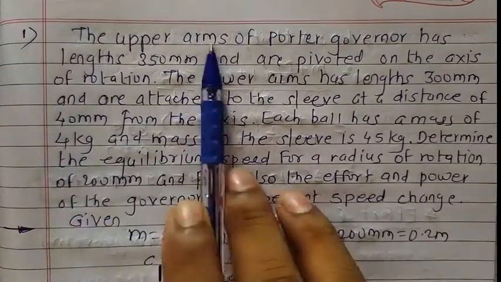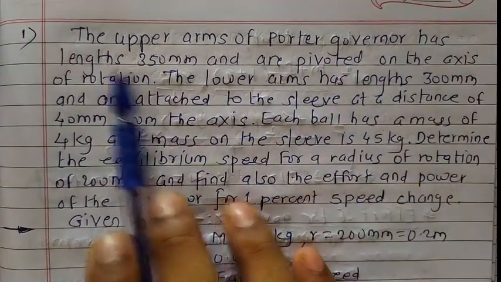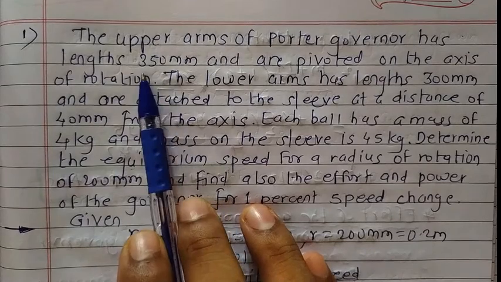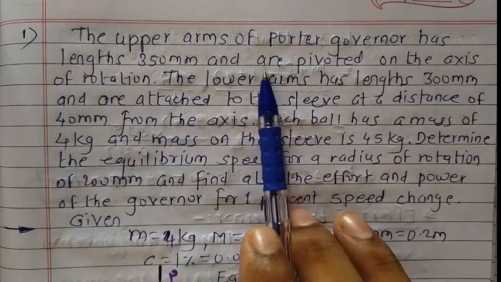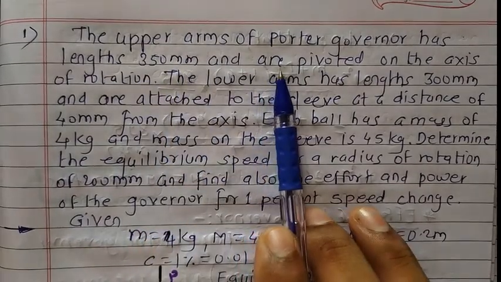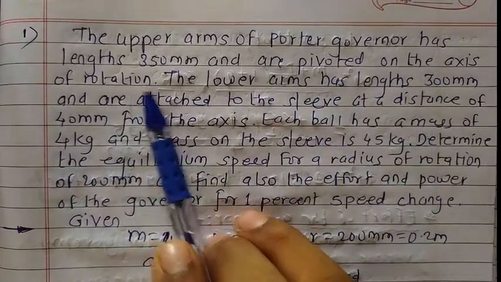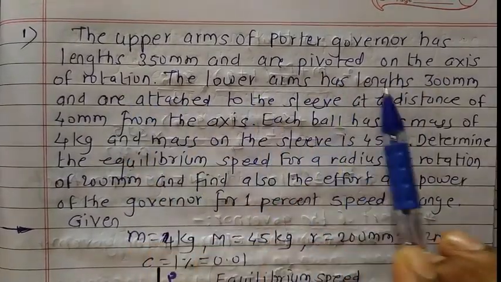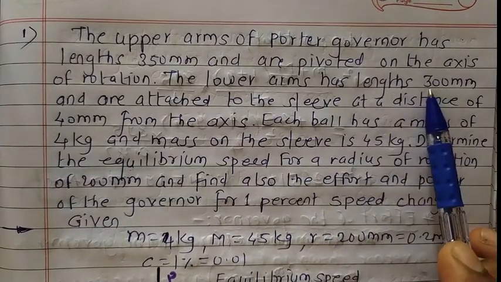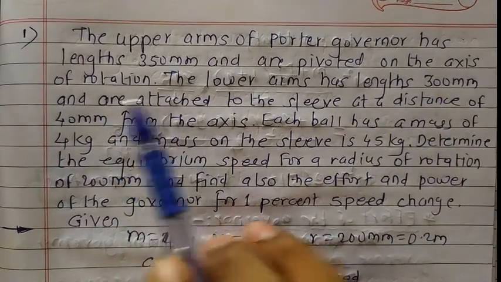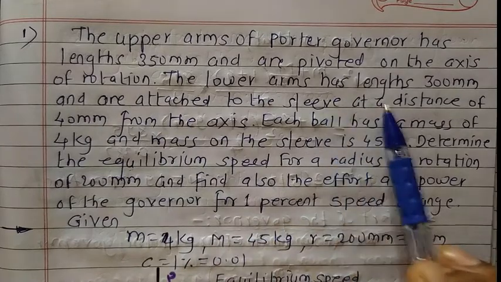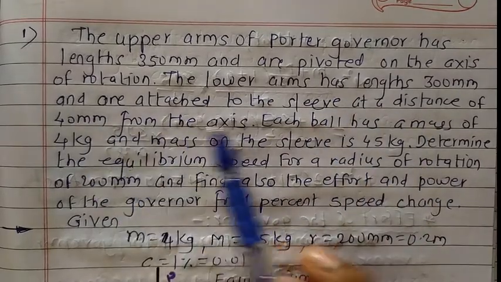The upper arm of Porter governor has length 350 mm and are pivoted on the axis of rotation. The lower arms have lengths 300 mm and are attached to the sleeve at a distance of 40 mm from the axis.